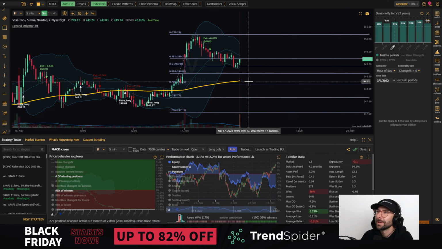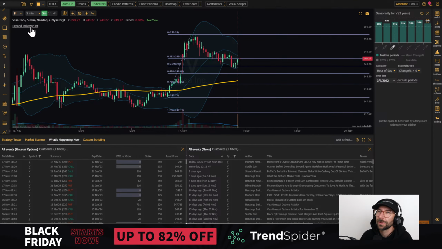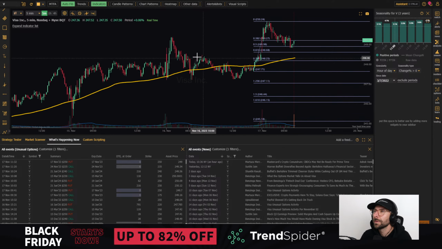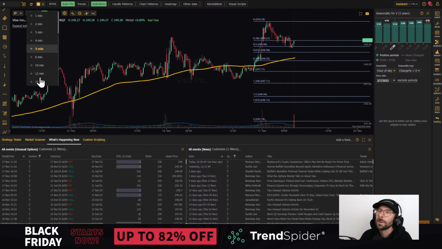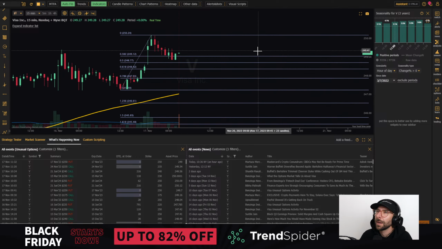Pretty impressive, pretty functional little tool. But not looking bad here, holding the 50% retrace of the move so far. So I don't know, if you're long Visa, I wish you luck, sir.